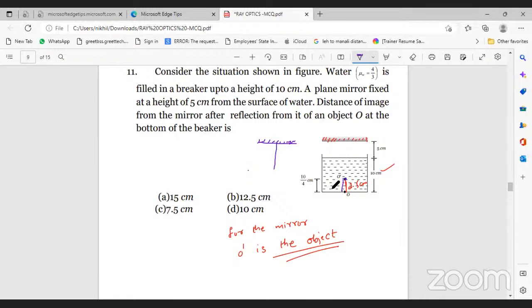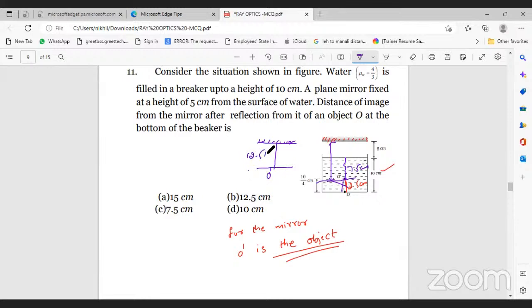It is shifted by what distance have they given? 2.5. So what is this remaining height? 7.5, right? So what is the distance of O dash from the mirror?